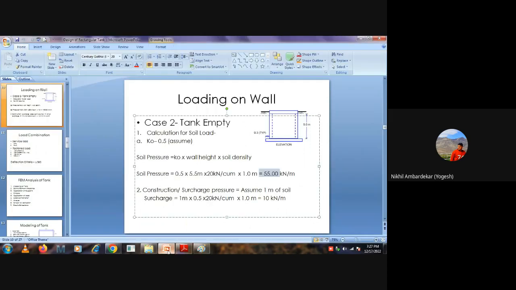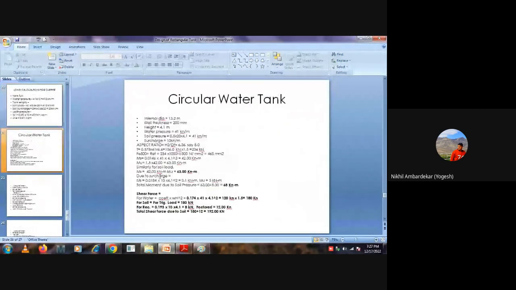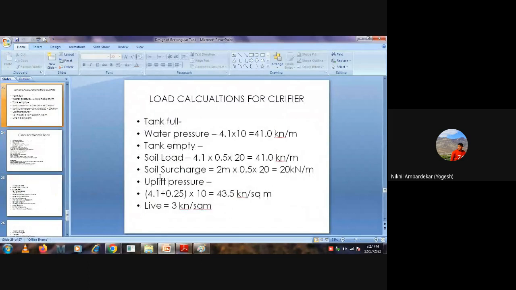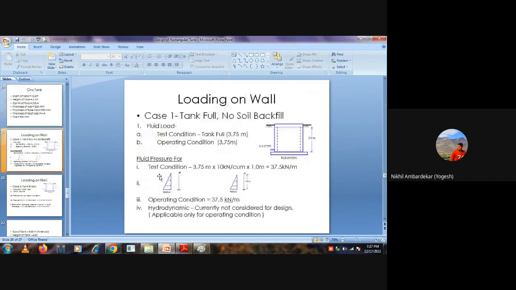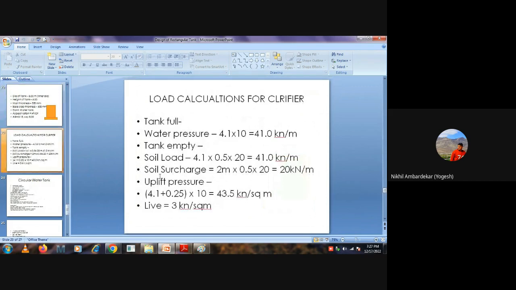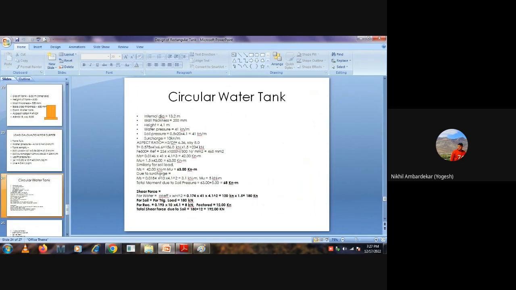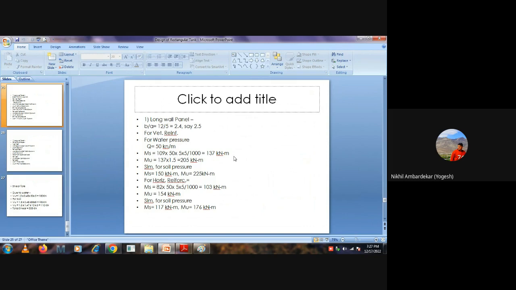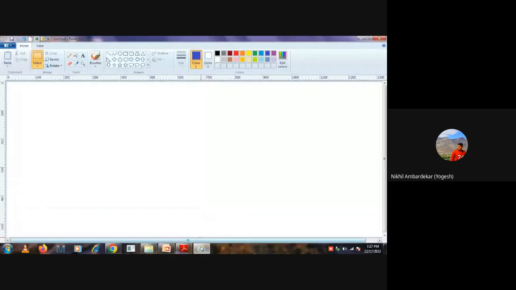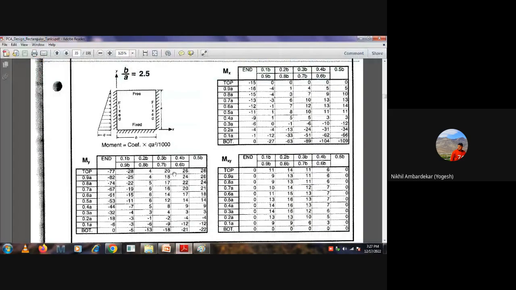I will just write the answers here. Now we have calculated the bending moment, so what about shear force?